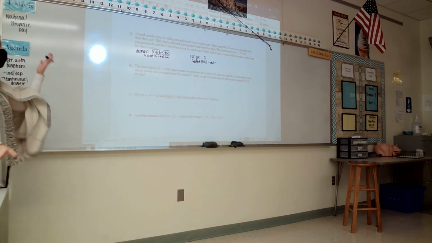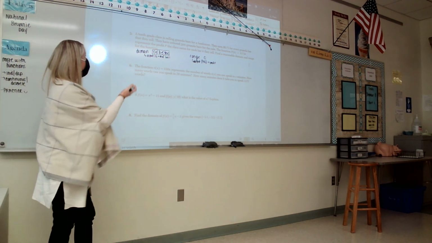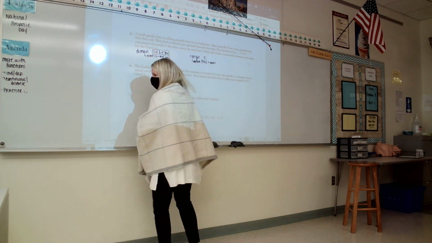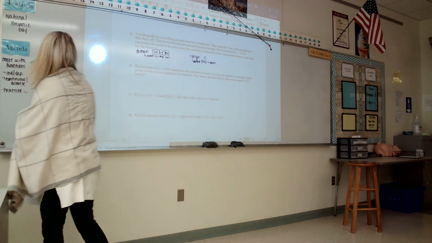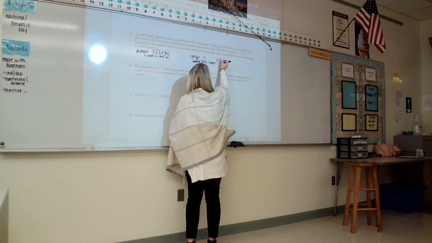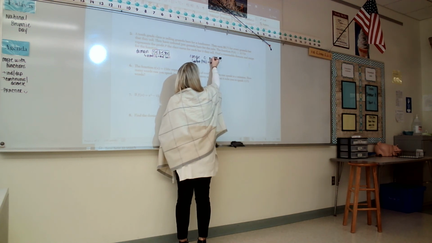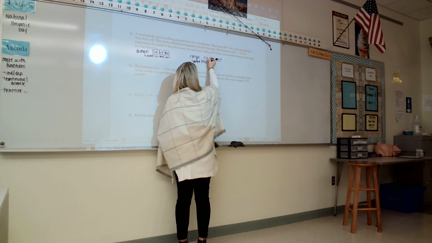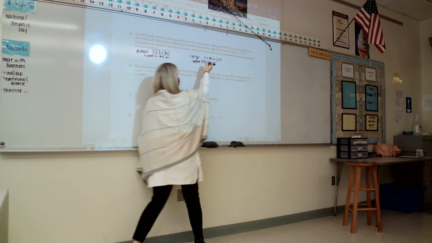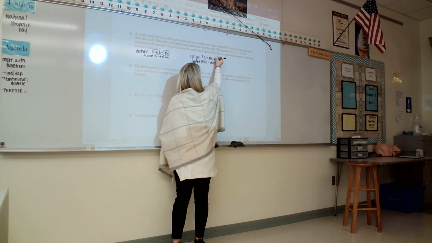So I took the most that I could sell, and I multiplied it by how much profit I'm making, which is 75 cents. So we could say P of B, my profit, is greater than or equal to 0 and less than or equal to 225. I'm gonna put little dollar signs because we're talking about some money here.